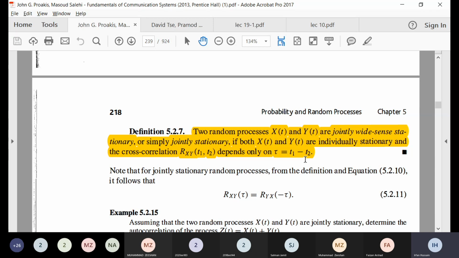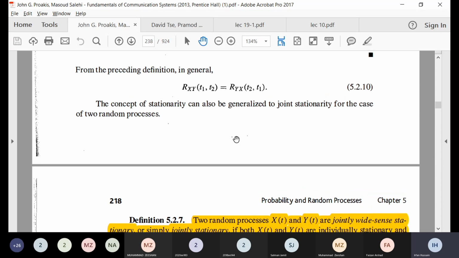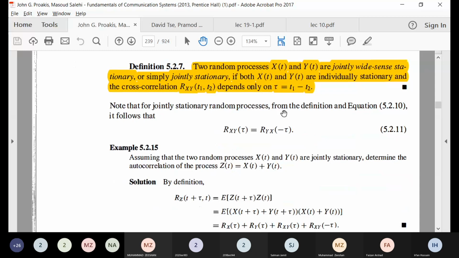So if I have a jointly stationary random process, then t1 minus t2 is equal to tau, and this is equal to minus tau. The general definition is already there. All right. So I can say Rxy(tau) is equal to Ryx(minus tau).